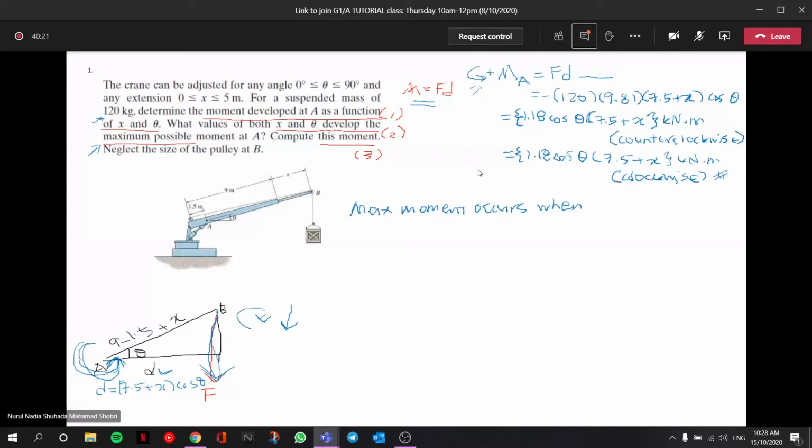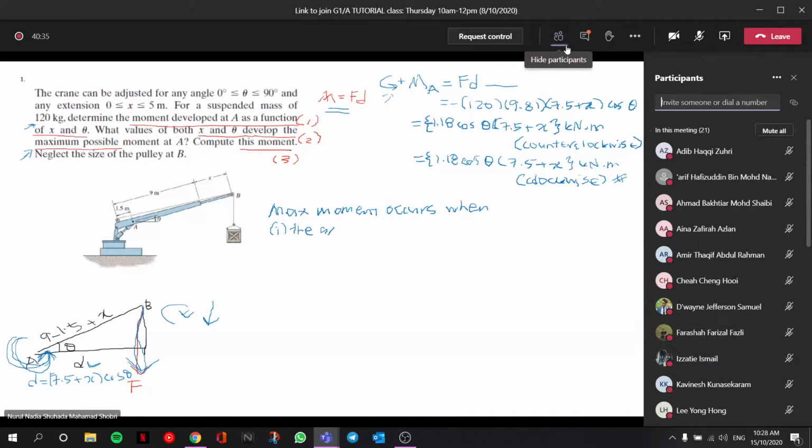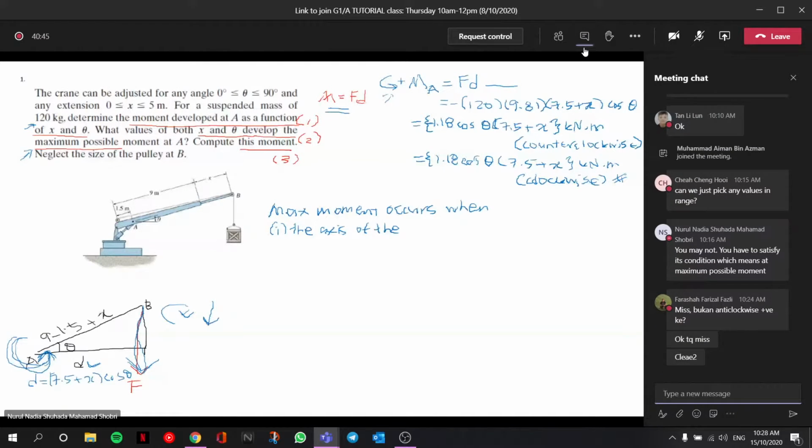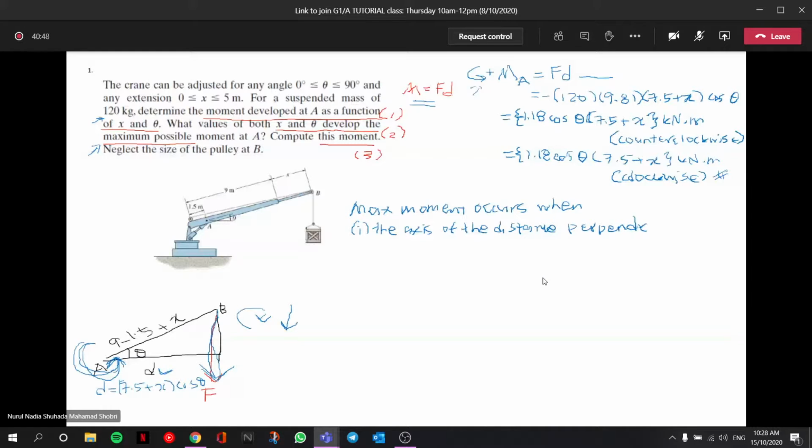So the first one is the axis of the distance. So the first condition that has to be met is the axis of the distance perpendicular to F.